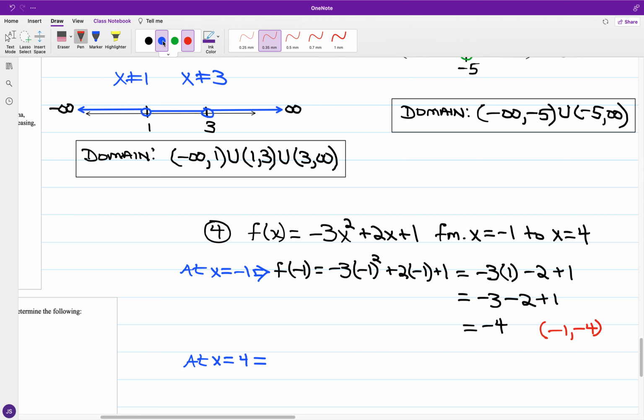Now for x equals 4, we have f of 4, so negative 3 times the square of 4, plus 2 times 4, plus 1. The square of 4 is 16, so negative 3 times 16.